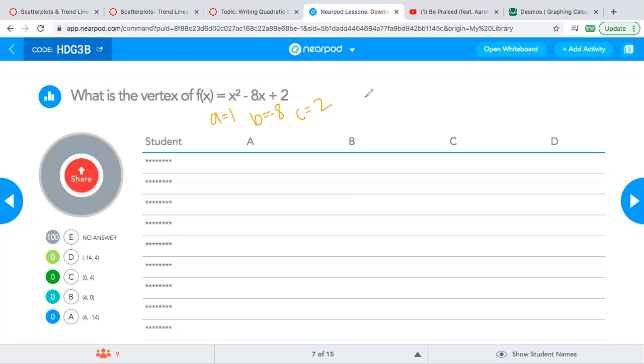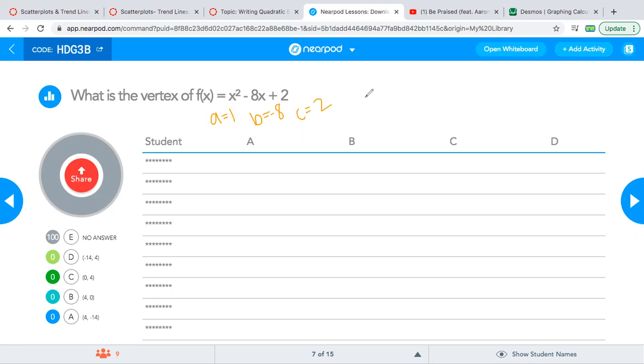So 2 negatives will make a positive, right? Good observation. So if it's already negative, it'll just stay a negative.